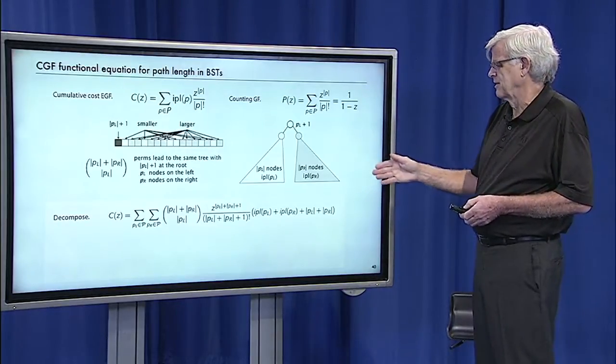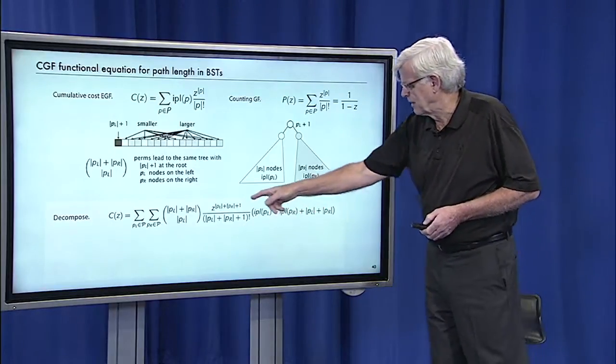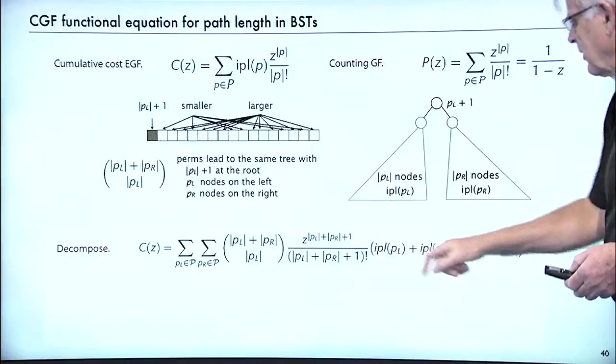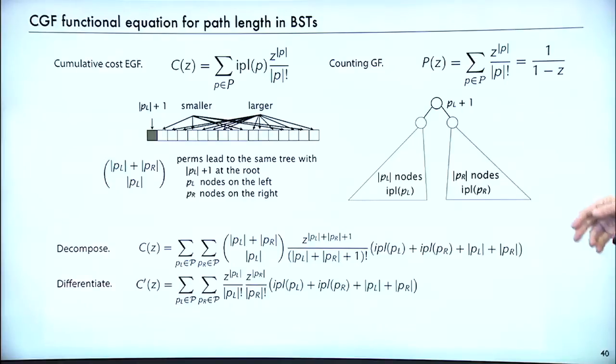There's just one trick that often works with exponential generating functions. This (PL plus PR plus 1) factorial in the denominator causes a little inconvenience in simplifying this formula. But we have z to that same quantity. So what we do is differentiate to cancel out that one factor. Then you'll see there's a (PL plus PR) factorial on the bottom, and then we can mix that with the binomial coefficient.